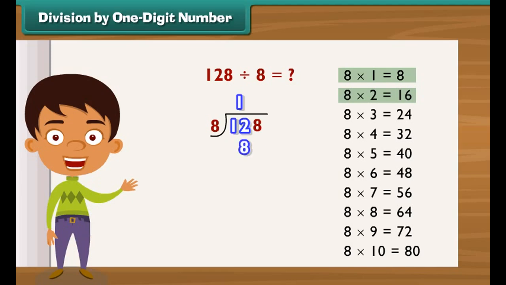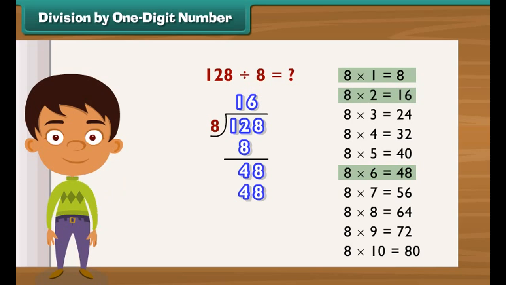Subtract 8 from 12. Write the answer as 4. Drag 8 down to form 48. Now divide 48 by 8. 8 sixes are 48. Write 6 above 128 next to 1. Subtract 48 from 48. The answer is 0. So, 128 divided by 8 is 16. The division leaves no remainder.